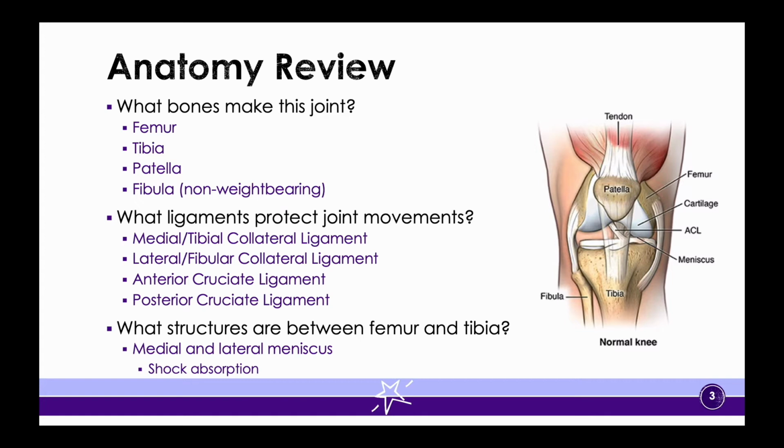It helps keep the integrity of the joint to a minimal extent, making sure the tibia isn't slipping compared to the femur, but really it spreads the weight out and adds that shock absorption feature between the femur and the tibia.